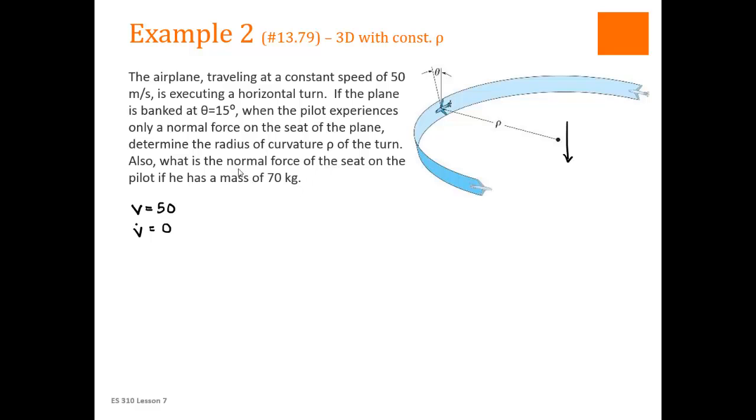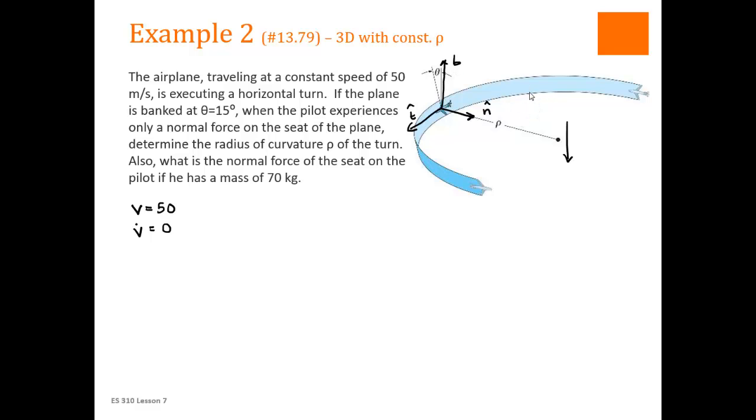And then we need to figure out what is that normal force if the pilot has a mass of 70. So first of all, let's talk about directions. So this is horizontal. This plane, the tangential direction would be that way, right? The normal direction is towards the center of the circle. And then this up and down direction right here is our B direction.